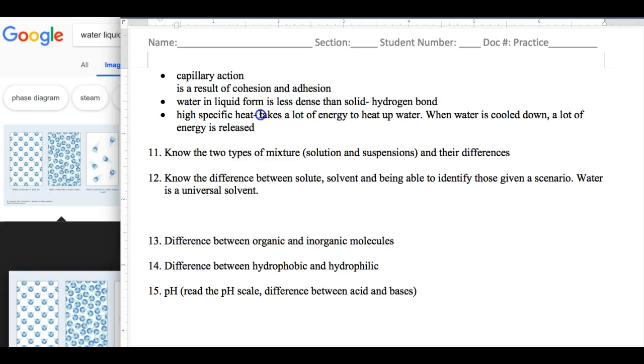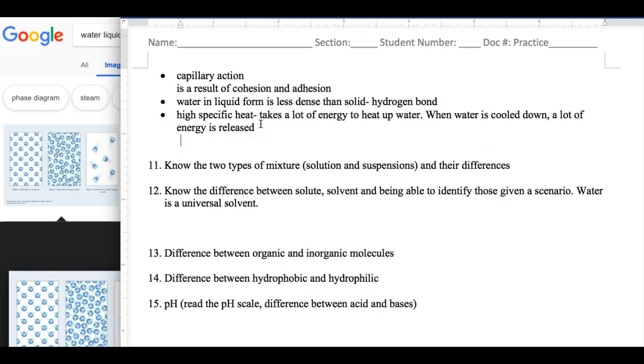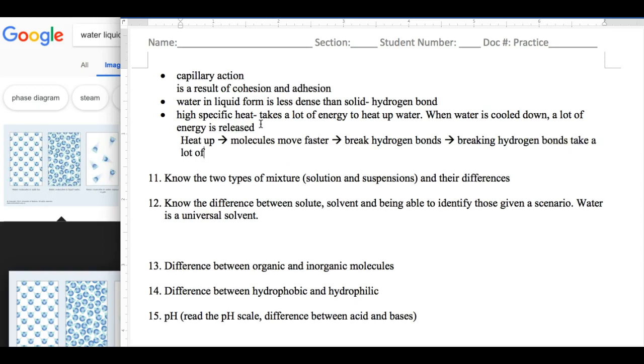In order to move faster, you have to break the hydrogen bond. Okay, so in order to heat up, molecules have to move faster. In order to move faster for water, we have to break hydrogen bonds. Breaking hydrogen bonds takes a lot of energy.